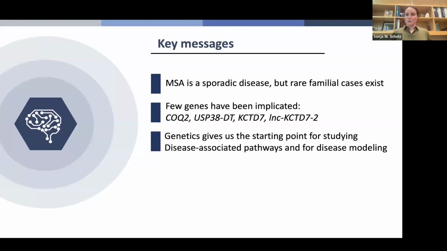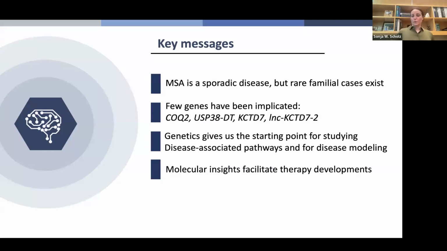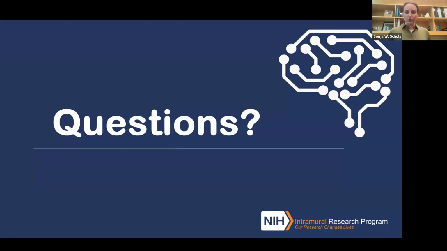It's not the answer to all of the questions that people may have, but it's a very important anchor as to where to even look. And I hope that ultimately these molecular insights will facilitate therapy developments that are not just treating the symptoms, but are actually delivering the cures that we all are looking for.